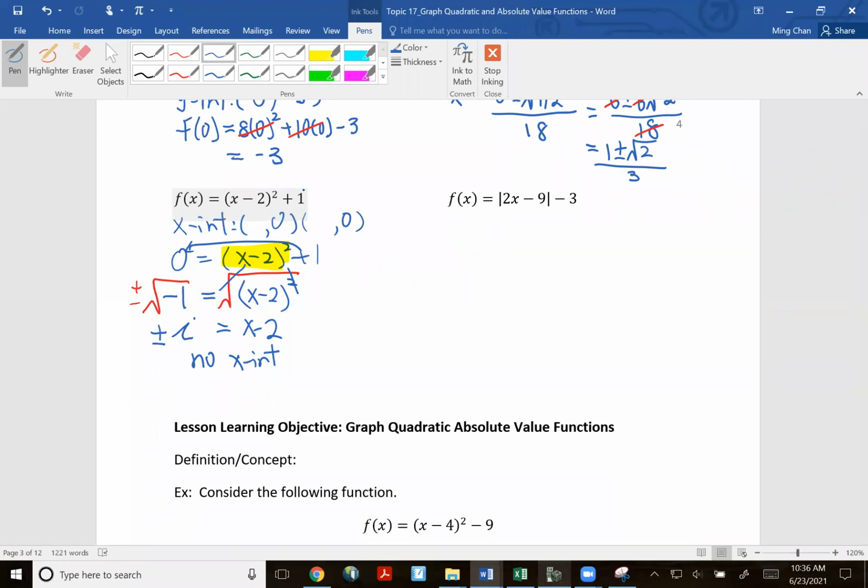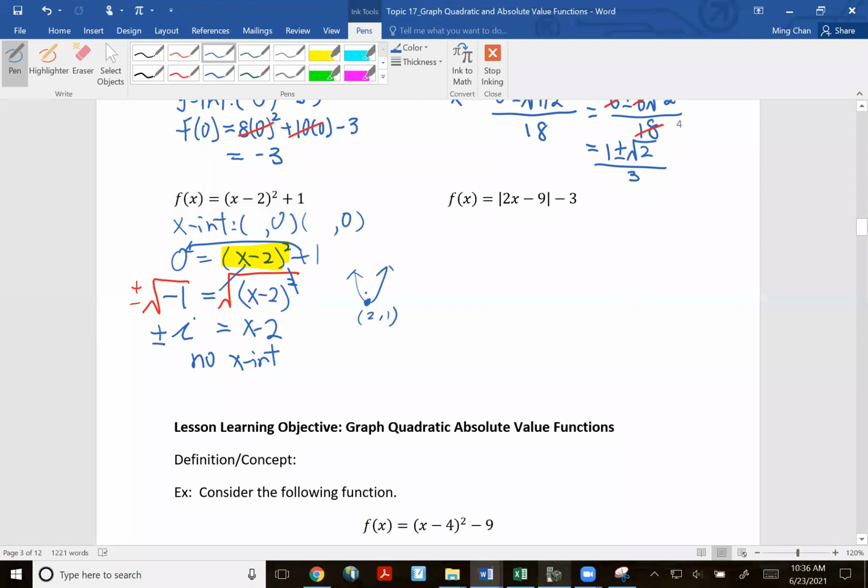Just think about where it has shifted to. Your h, x minus h. Your h is 2, your k is 1. So this U is open upward. Now the very bottom has shifted to (2, 1). So visually in your head, if you have an x-axis, (2, 1) is the very bottom.